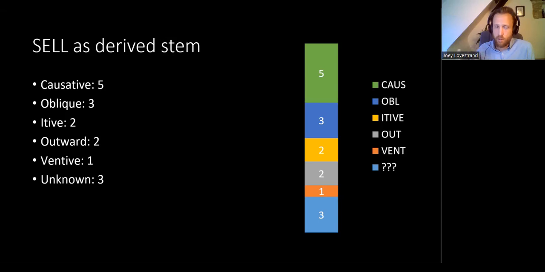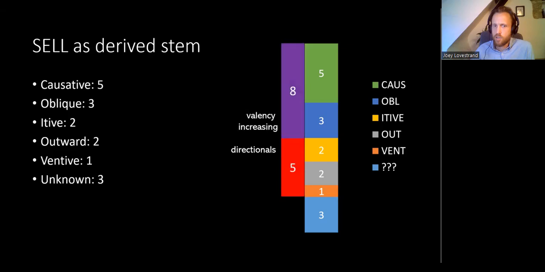A few other languages use directionals, and that could be an itive, as in 2 languages. It could be an outward suffix, which is different from itive in that it contrasts with inward, so it's leaving a space rather than just going away from a deictic center. And then you could also have at least one language and possibly 2 languages where there's a ventive form that's used to express sell. And in a few languages, there is some morphology there, but it's not clear what it is.